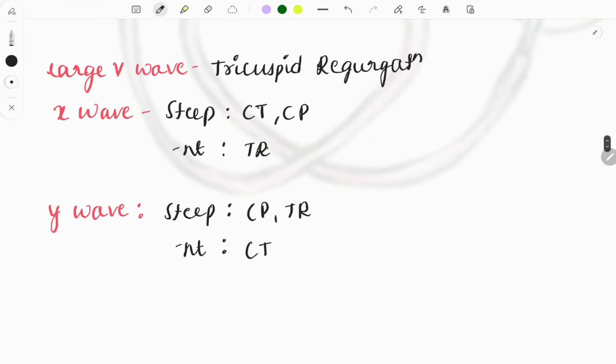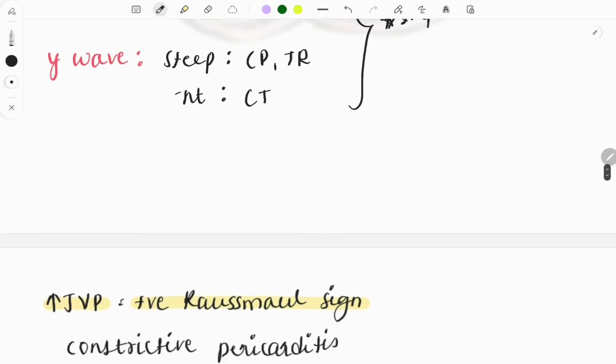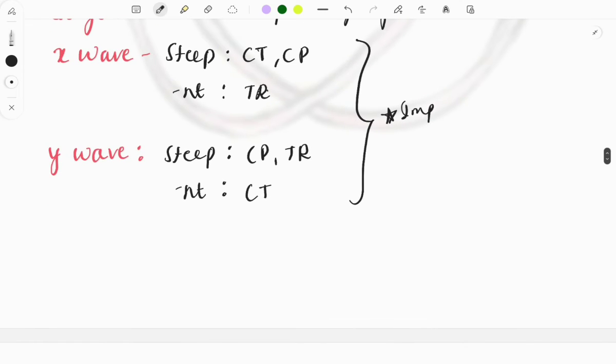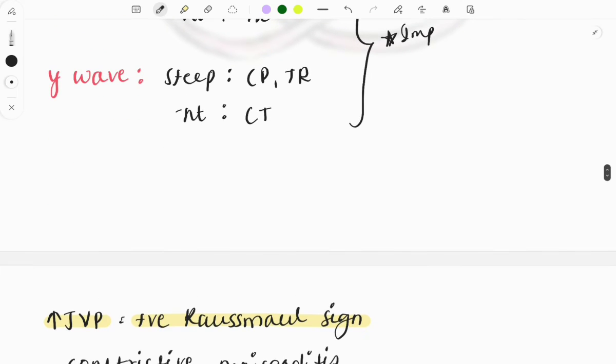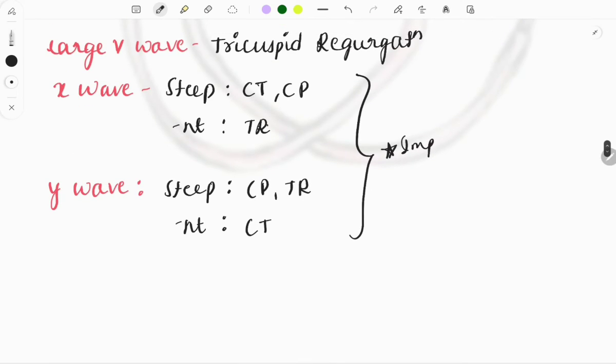Then the X wave. This one is very, very important. Note it down. I suggest you write it on a sticky note and stick it on your study table, or just mug it up, because cardiac tamponade is a little confusing but important. See, a steep X wave is seen in two conditions: cardiac tamponade and constrictive pericarditis.